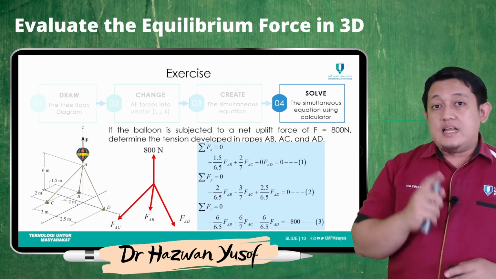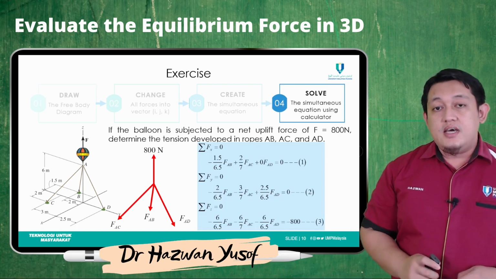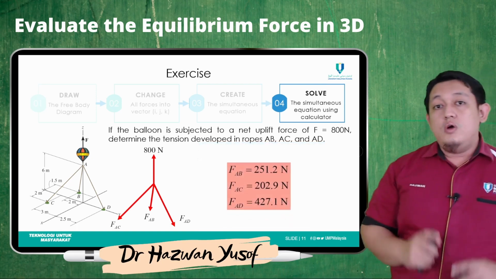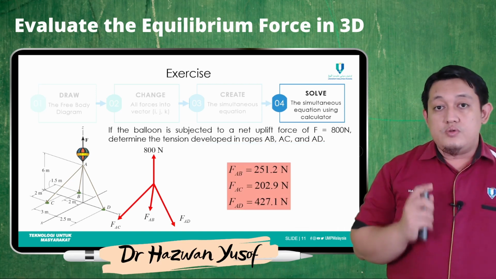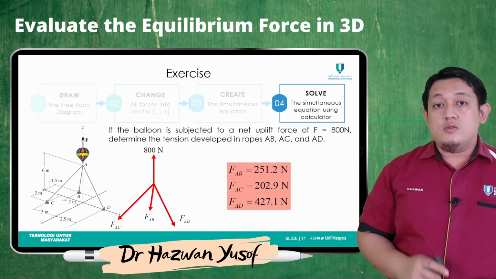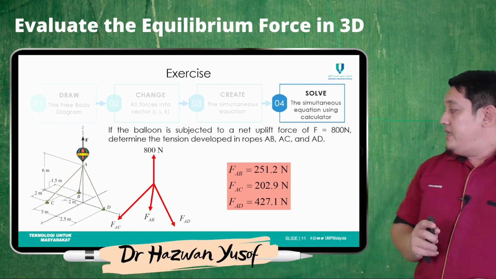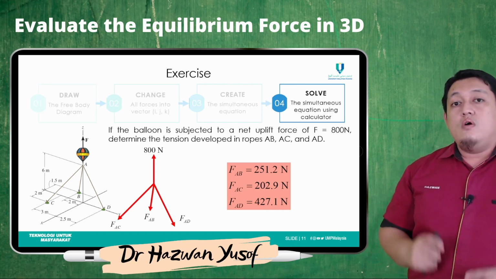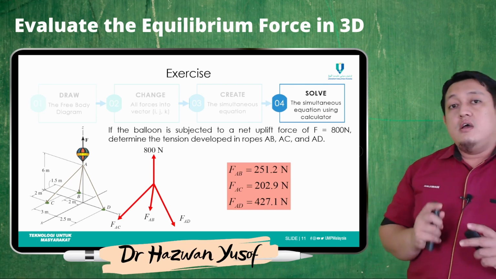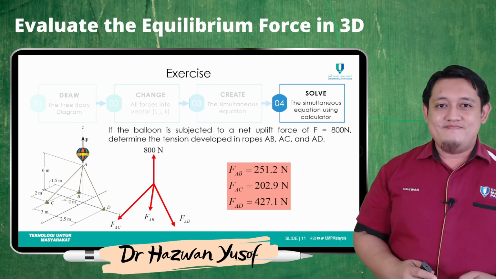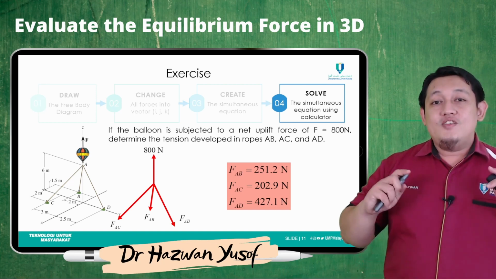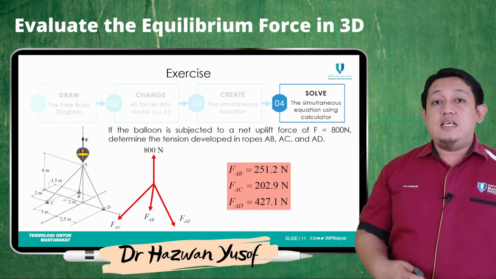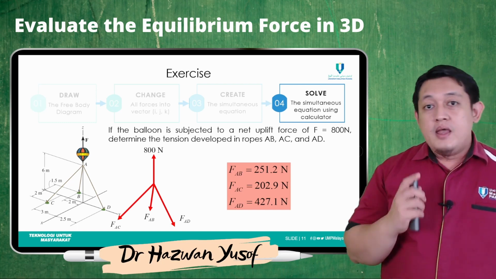When we use the calculator, we will get the answers: FAB is equal to 251.2 Newton, FAC is equal to 202.9 Newton, and FAD is equal to 427.1 Newton. Simple.